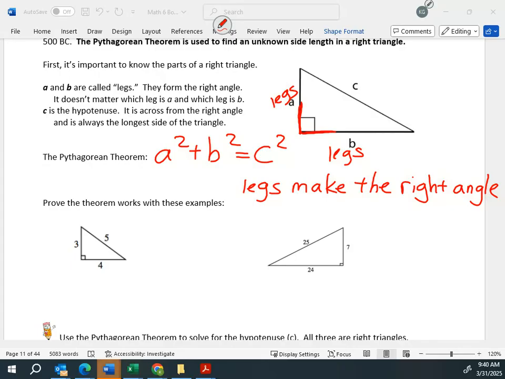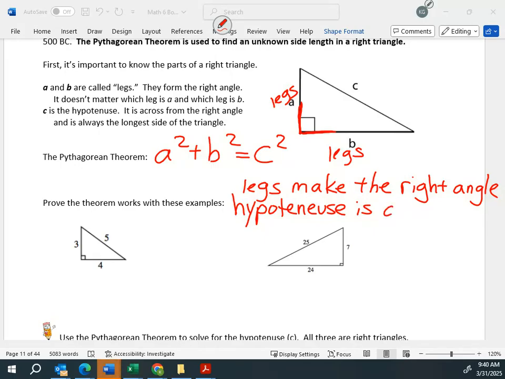So the hypotenuse is where? How do we find the hypotenuse? That's C. Kylie? It was directly across.